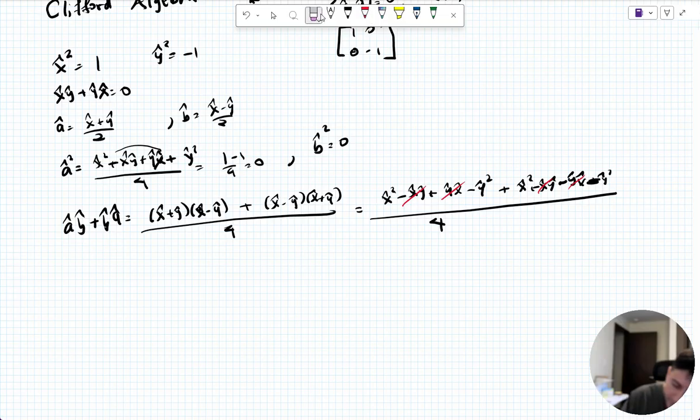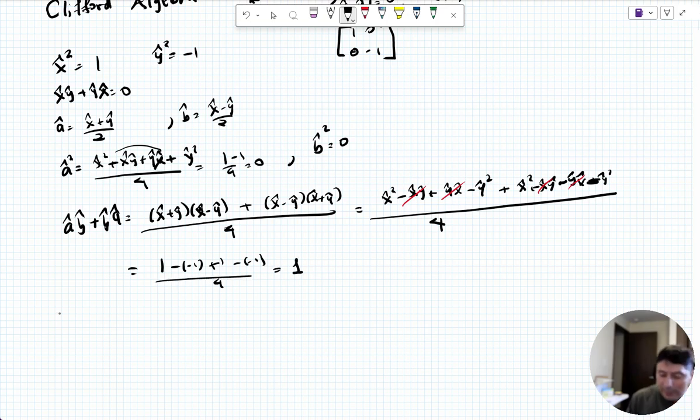And not only that, I get 1 minus minus 1 times y squared plus 1 minus minus 1, divided by 4, which everything ends up being 1. So kaboom, we get the following relationship: A hat B hat plus B hat A hat is equal to 1.